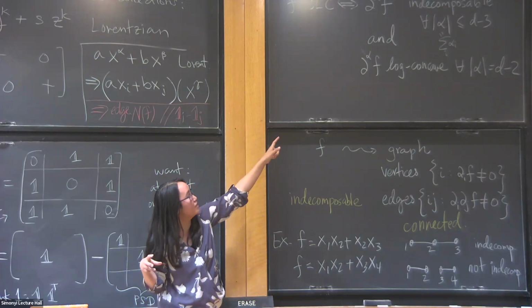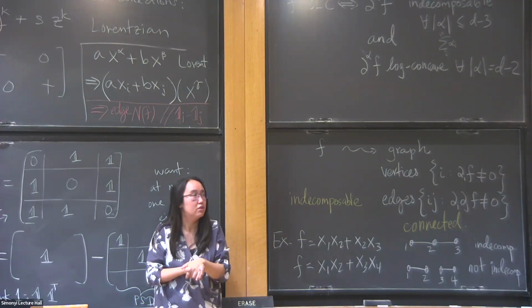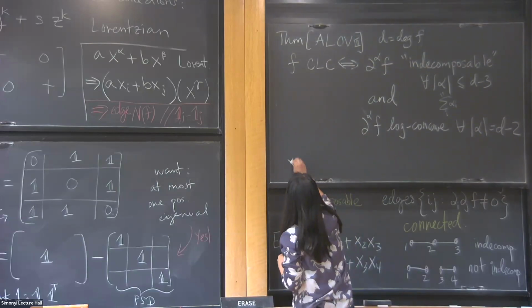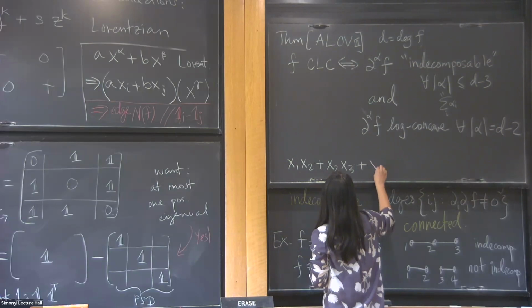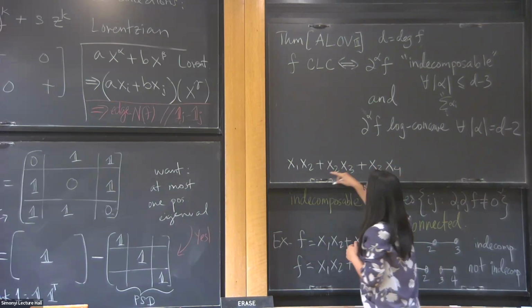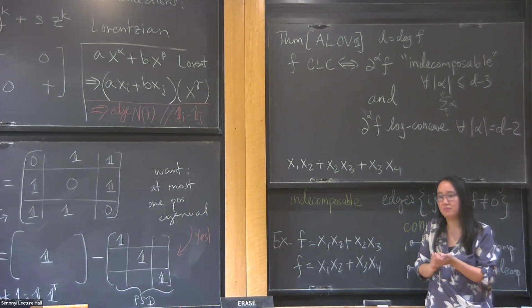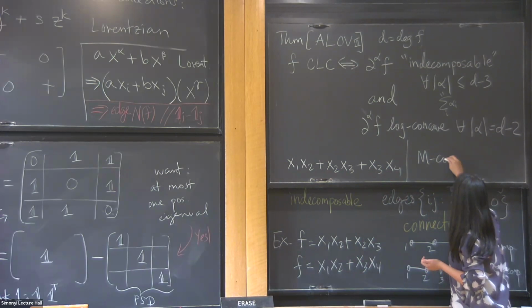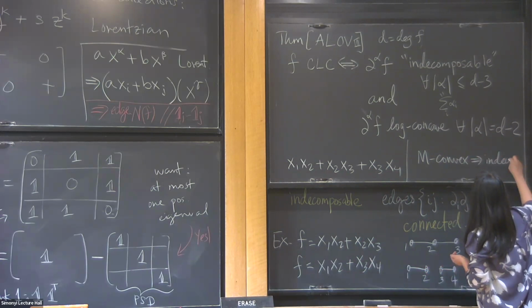M convex implies this, but this one certainly does not imply M convex. You can do something like x1 x2 plus x2 x3 plus x3 x4. This will be indecomposable, but it will not be M convex.